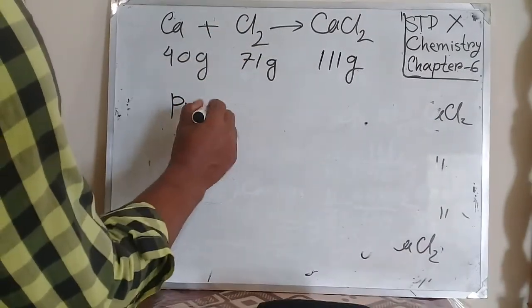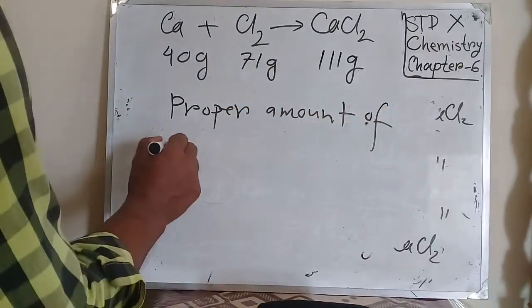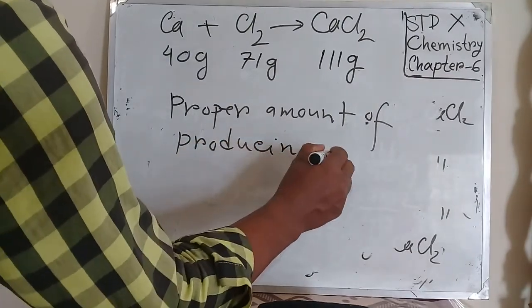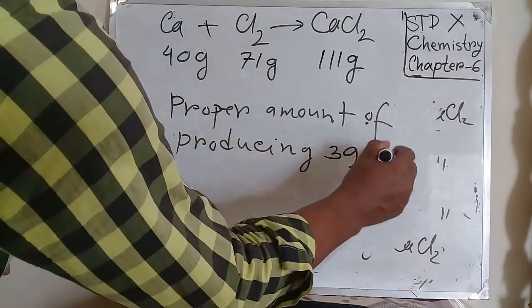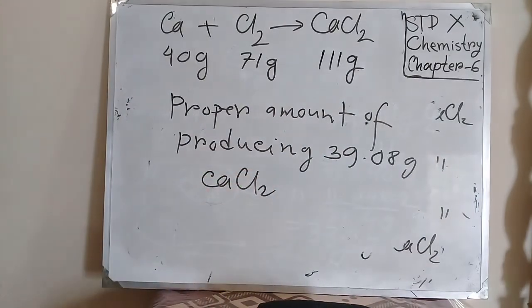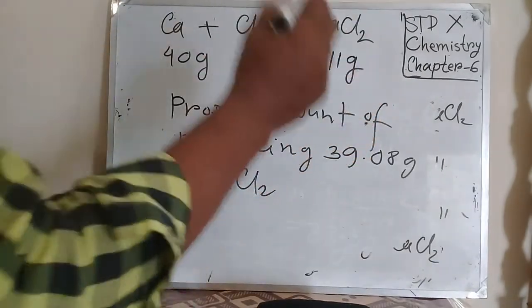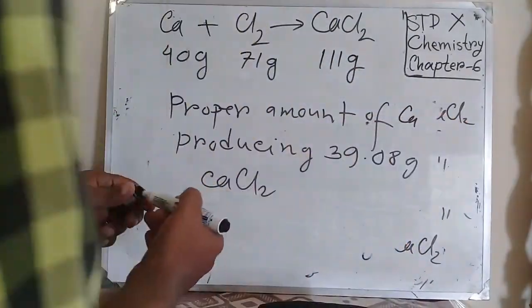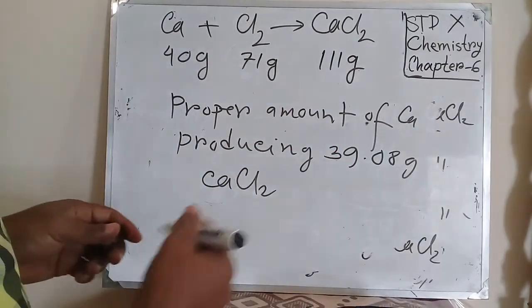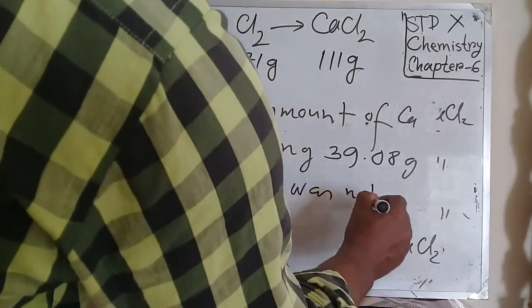So the proper amount of calcium for producing 39.08 gram calcium chloride was not taken.